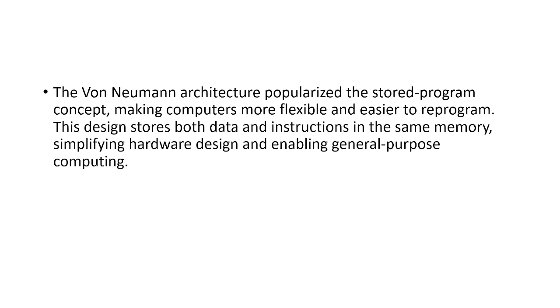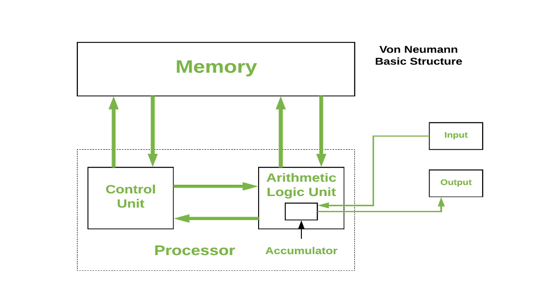Based on this architecture, we can simplify the hardware design for general purpose computing. So this is the architecture of von Neumann: the first thing is the memory, and the second is the processor and the input output devices.